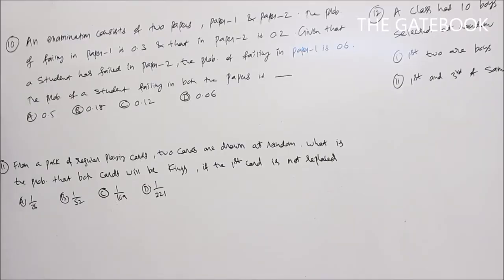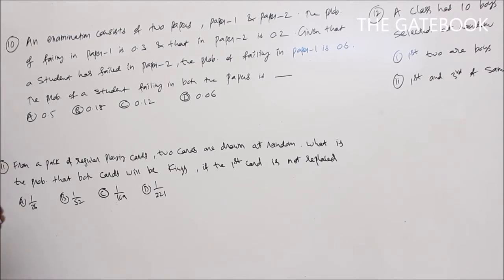Next problem, probability. An examination consists of two papers, paper 1 and paper 2. The probability of failing in paper 1 is 0.3 and that in paper 2 is 0.2. Given that a student has failed in paper 2, the probability of failing in paper 1 is 0.6. The probability of a student failing in both the papers is. So this is an application of the multiplication theorem of probability.